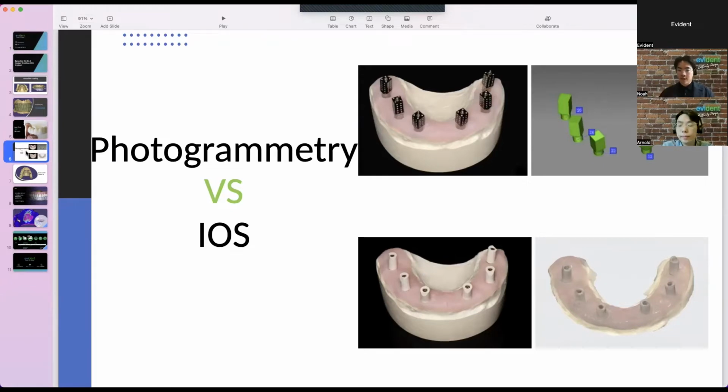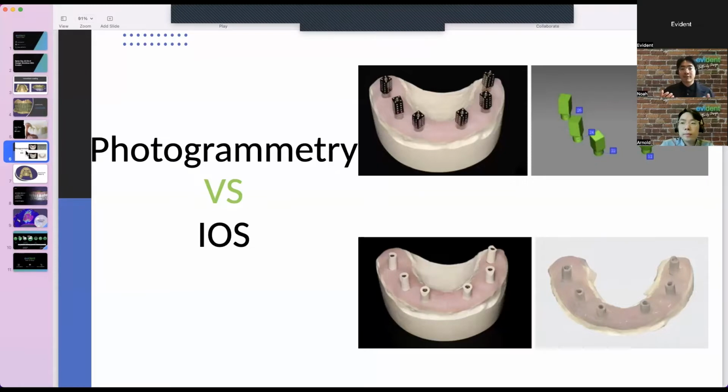An intraoral scan, on the other hand, is more like a panoramic photo. The scanner is taking thousands of little pictures of the arch and stitching them together in real time. Because of that, there's very, very small room for error, inaccuracy, and misfit, but there is a small room for misfit nonetheless. So that's just something you have to consider.